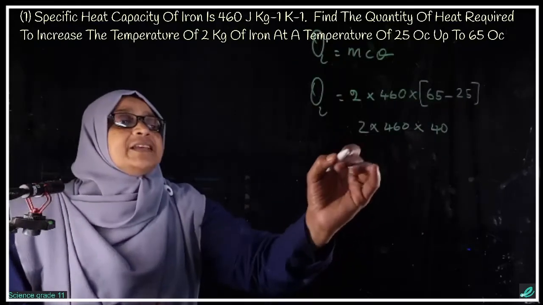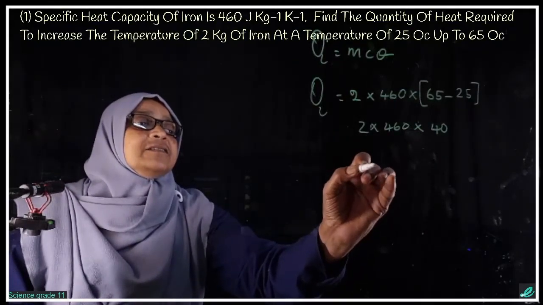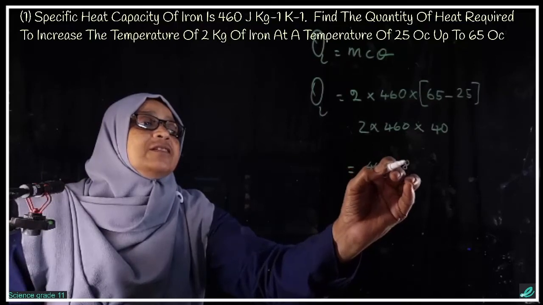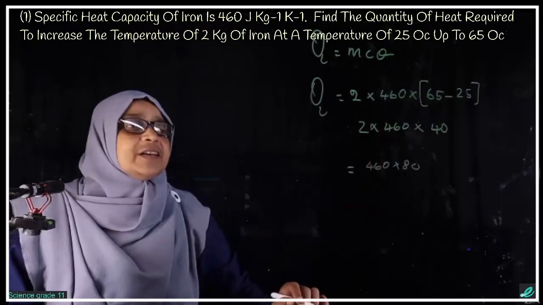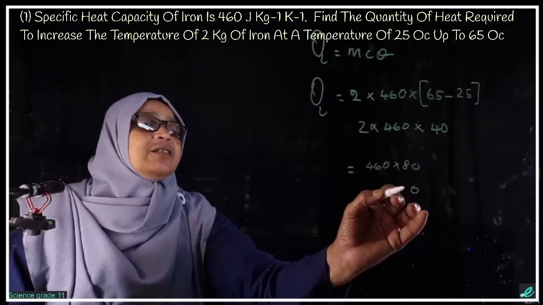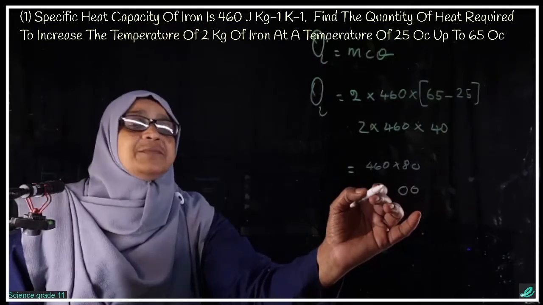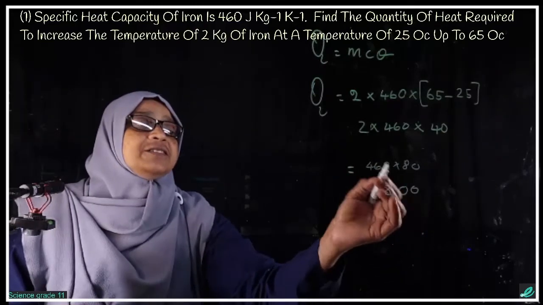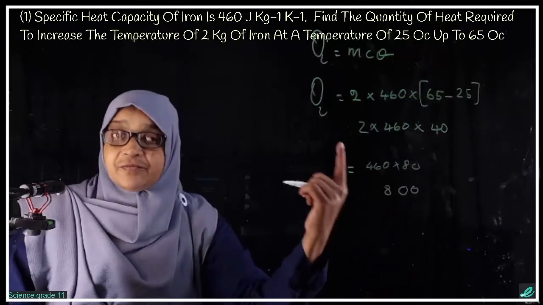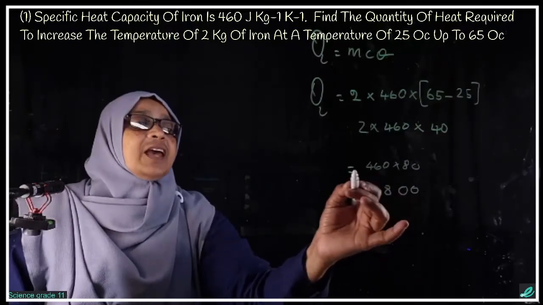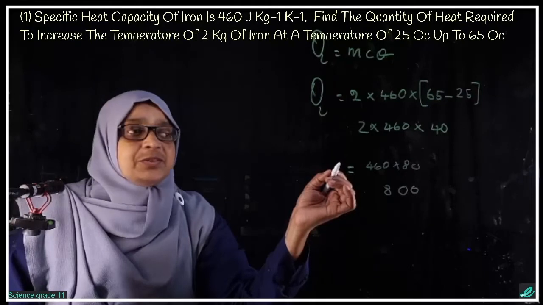Okay, make this simpler. 460 into 80. 8 times 6 is 48. 4 remains. 8 into 4, 32.